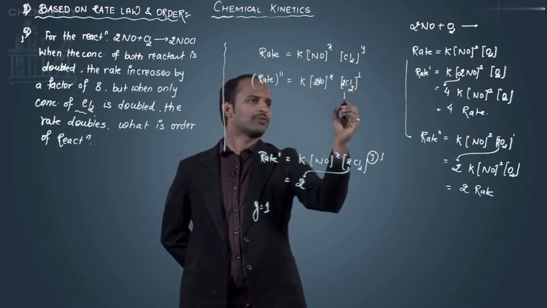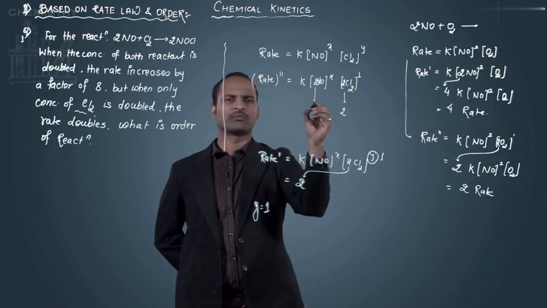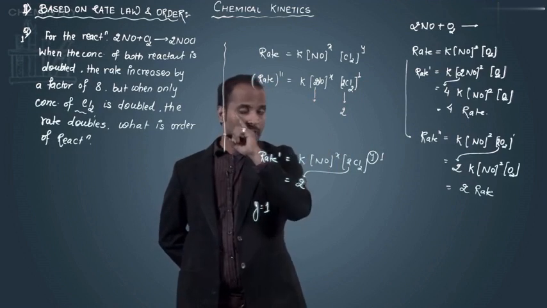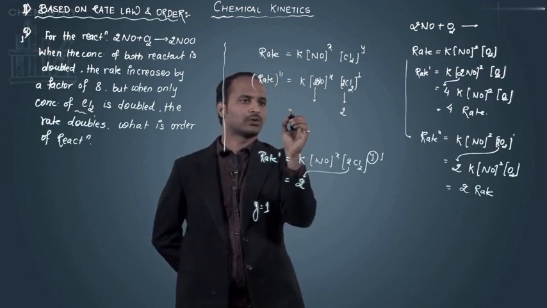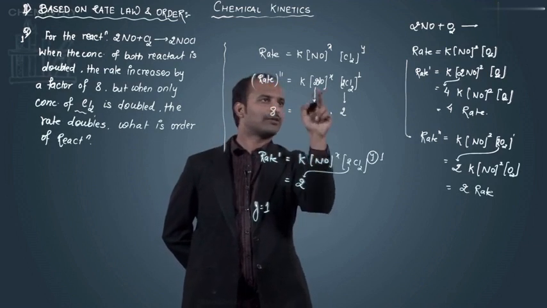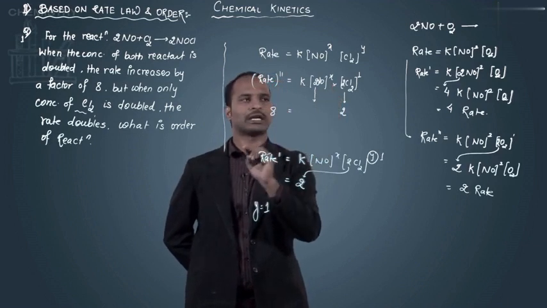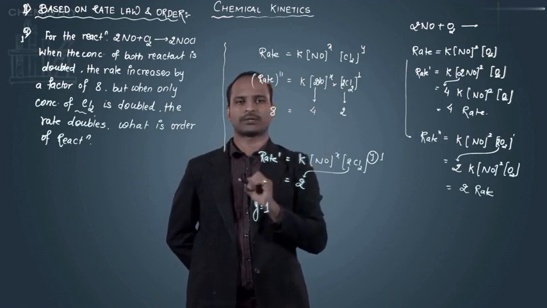So if the power is 1, at least I can say from here the 2 will come outside. Now the question is what number will come outside from here. And in the question it is given that the rate of reaction changes by 8 times. So I have to think which number will come outside from here so that after the multiplication I will get 8. So simply I can say to get the 8, the 4 should come outside.